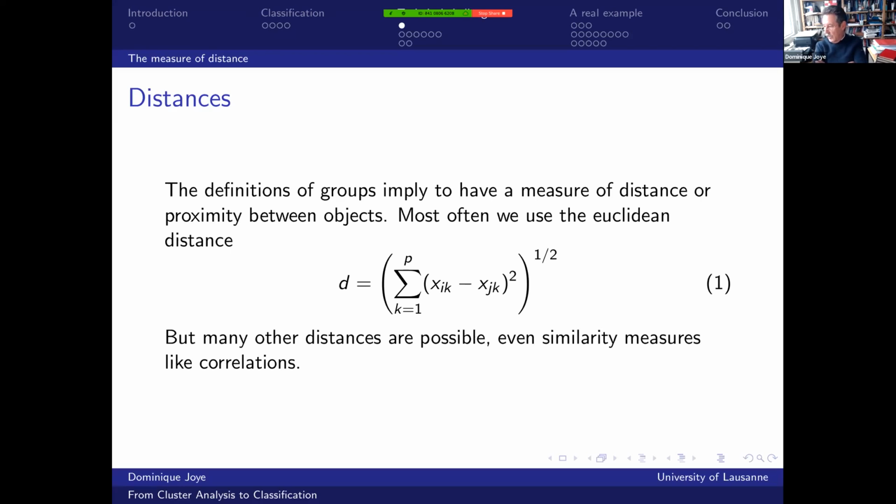And that's the classical Euclidean distance. Of course, there are a lot of different distances, but I will not go too much in this direction. It's just important to know that normally we choose a Euclidean distance, a geographic distance if you prefer. And that will be the rule to measure the distance between the objects.